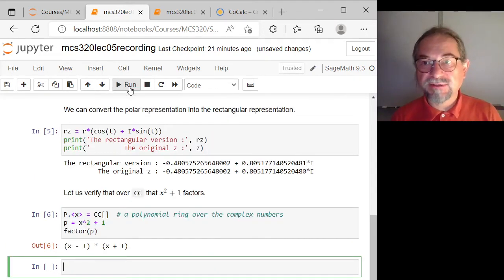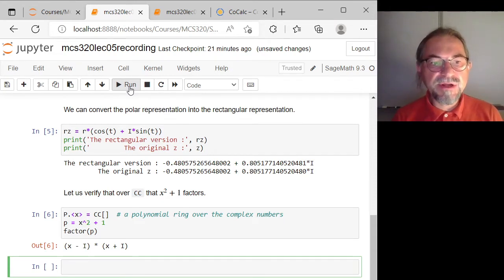So note that SageMath, just like Python, is case sensitive. So I have the capital P for the space of all the polynomials with complex coefficients in X. And then I have the little p, which is my x squared plus 1.